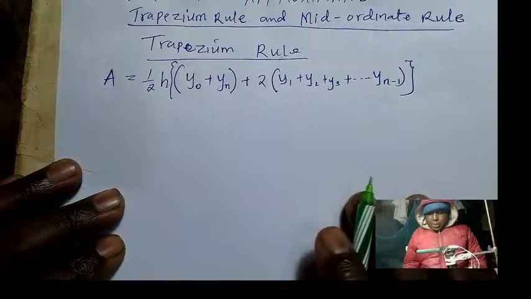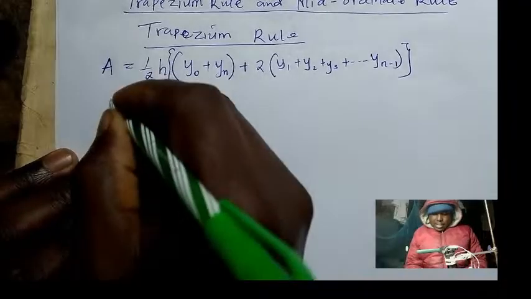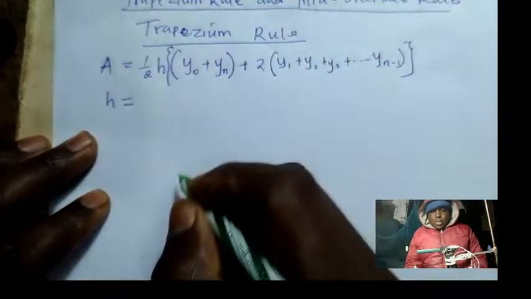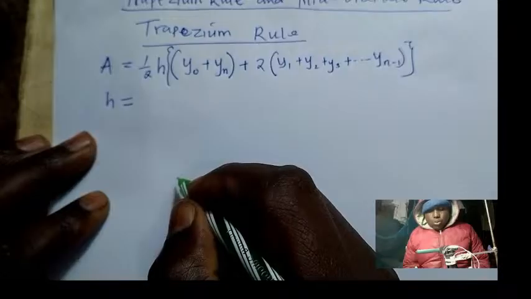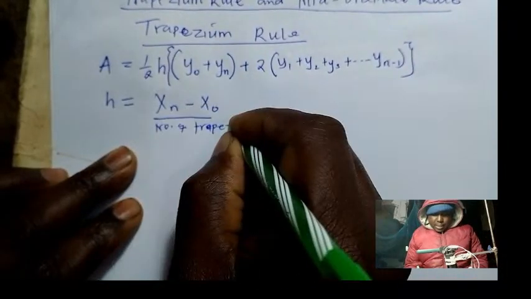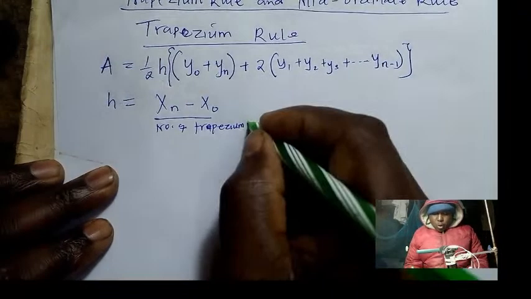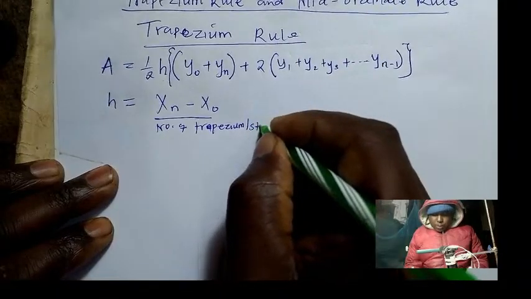But now, one thing we must be very clear about: h is equal to xn minus x naught divided by the number of trapeziums, or number of strips.